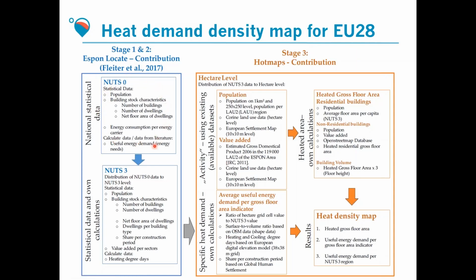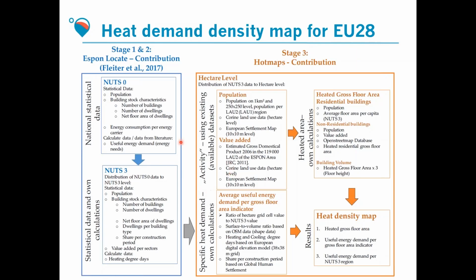This information was fed into our building stock model InvertE-Lab, and we then extract information on heat demand on a NUTS 3 level for EU28. This was still far from our goal, which was having heat demand density at 1 hectare level. So we needed to do additional work on the data which we had on NUTS 3 level.